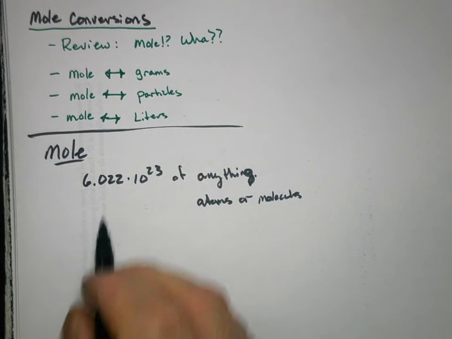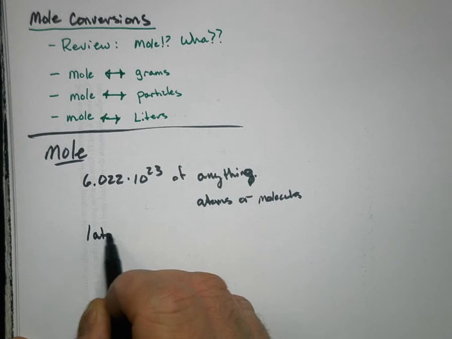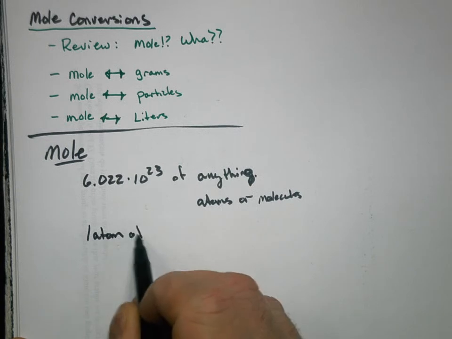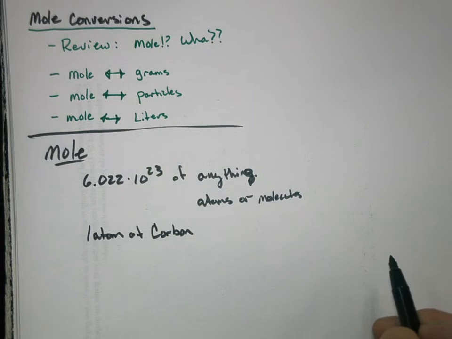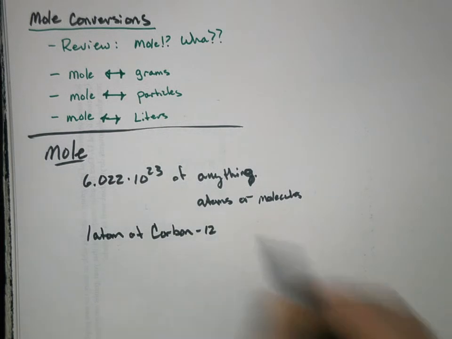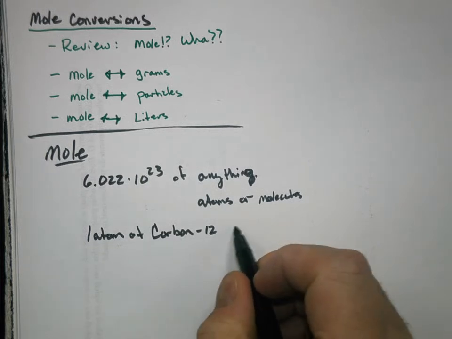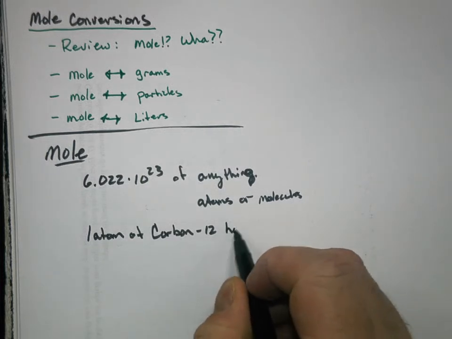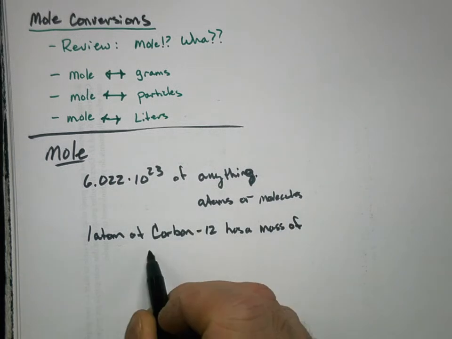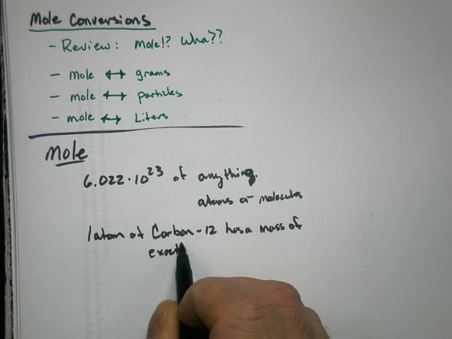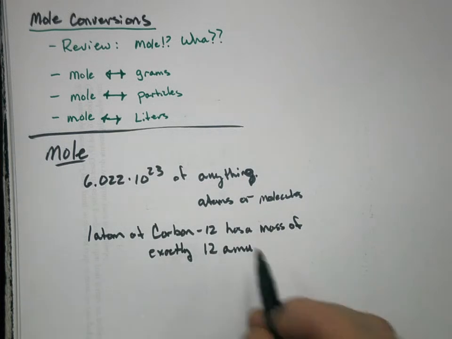And this is the crux of it: if you have one atom of, say, carbon. In fact, we're going to call it carbon-12. One atom of carbon, the isotope carbon-12, has a mass of exactly 12 atomic mass units.